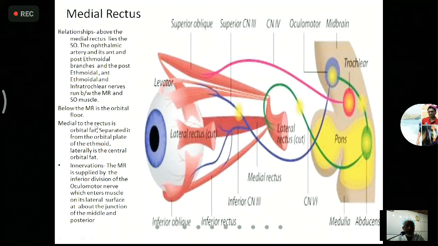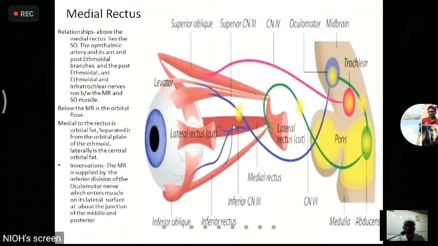Okay, medial to the rectus is the orbital fat, which separates it from the orbital plate of the ethmoid bone, and laterally the central orbital fat. Medial rectus is supplied by the inferior division. Okay, this one, the inferior division.